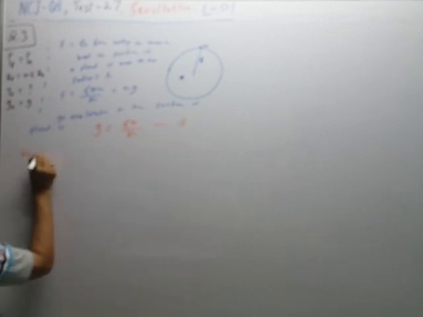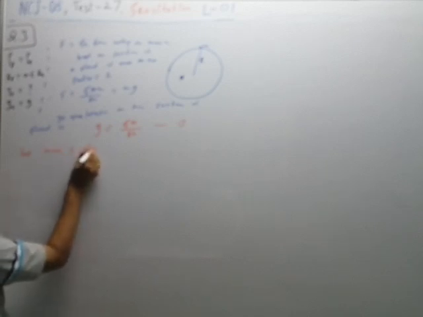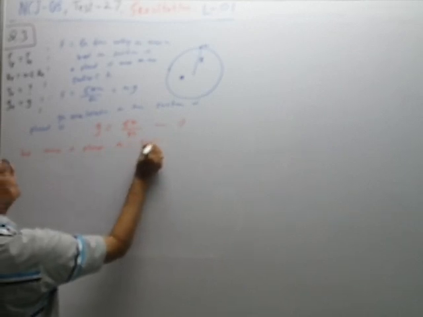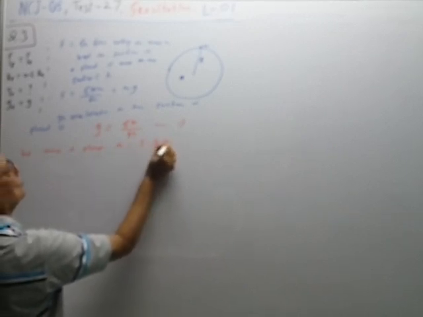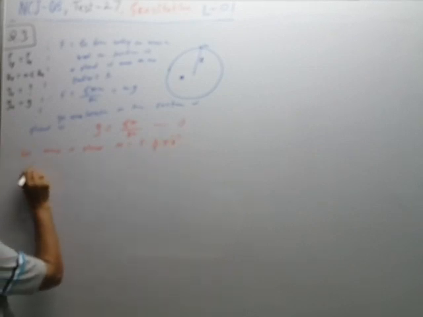But mass of the planet capital M is equal to rho multiplied by 4/3 pi R cube.